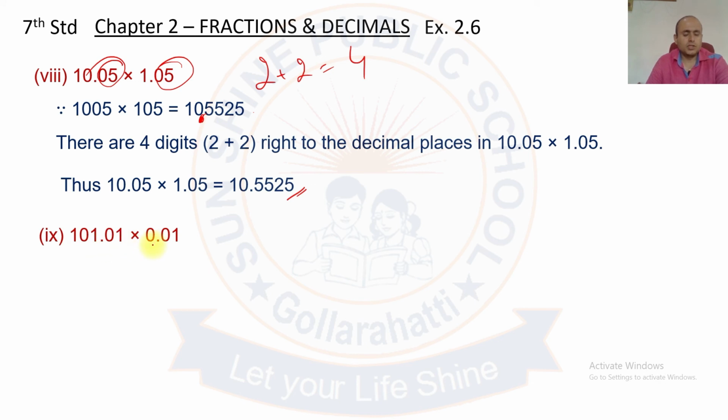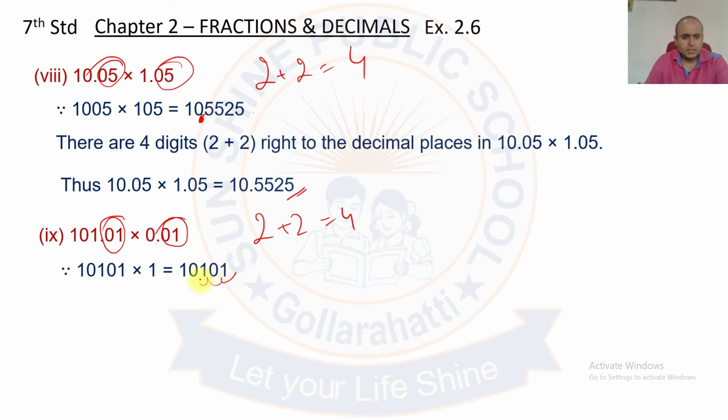Next question is 101.01 into 0.01. So here when you multiply 10101 into 1, we get the answer as 10101. Here we got a decimal point before 2 digits, and in this one also we got a decimal point before 2 digits. Total we got 2 plus 2, that is 4 digits. So we have to place the decimal point before 4 digits in the answer, that is 1, 2, 3 and 4.